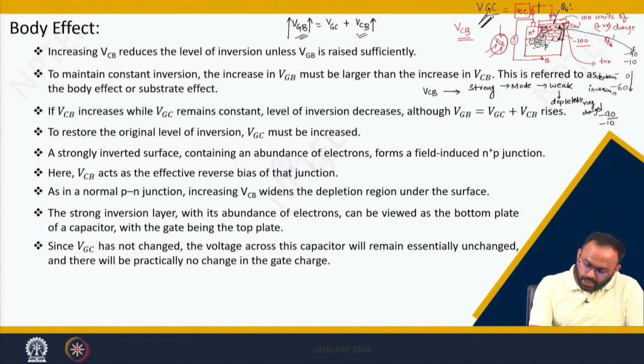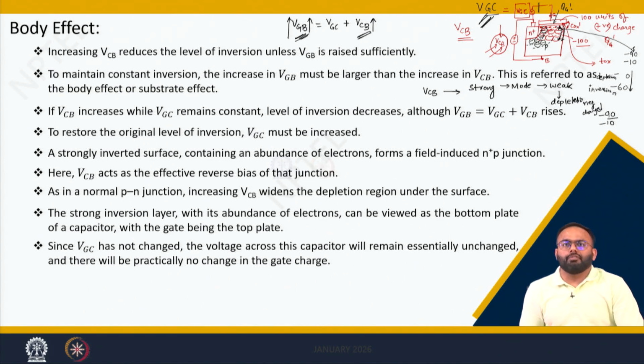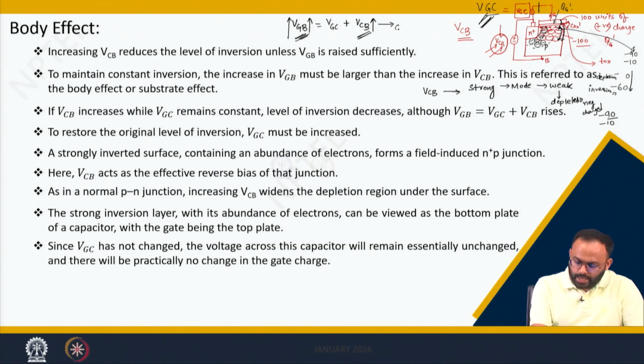Make sure the increase in V_GB should be larger than the increase in V_CB, because V_GB will drop across the oxide also. As we have already discussed, V_CB directly influences your surface potential. That's what we have seen, that the onset points will increase: from phi_F it becomes phi_F plus V_CB, from 2 phi_F it becomes 2 phi_F plus V_CB.